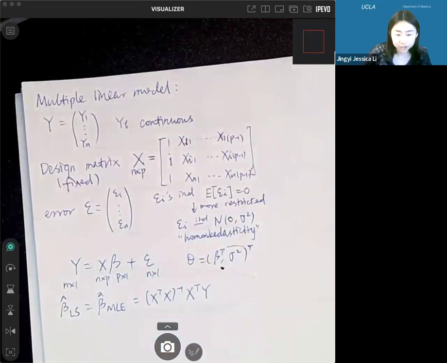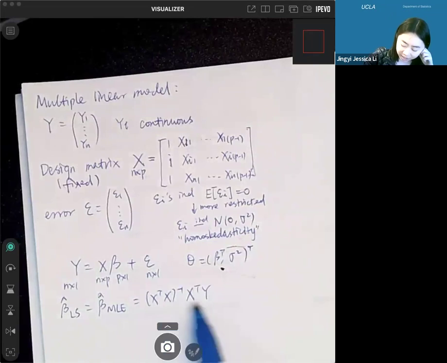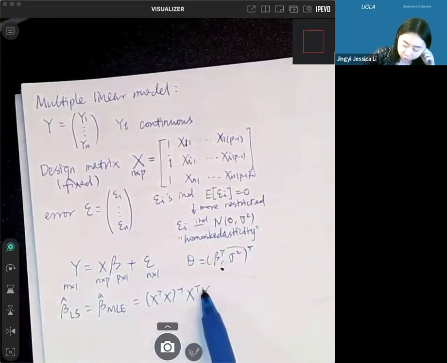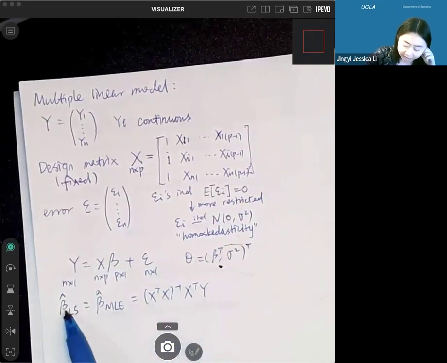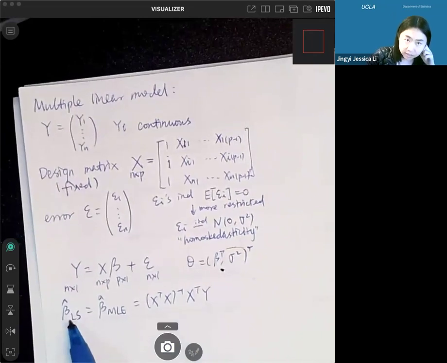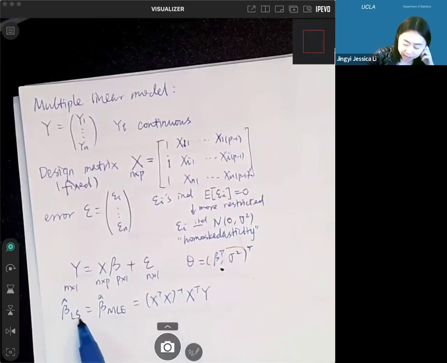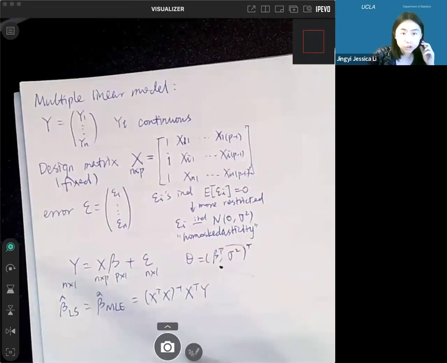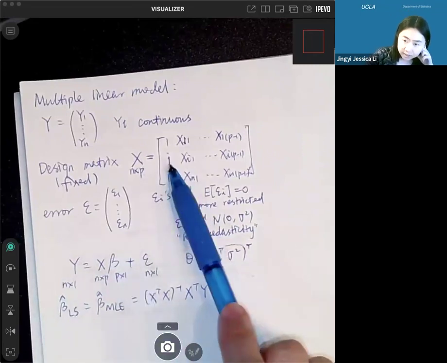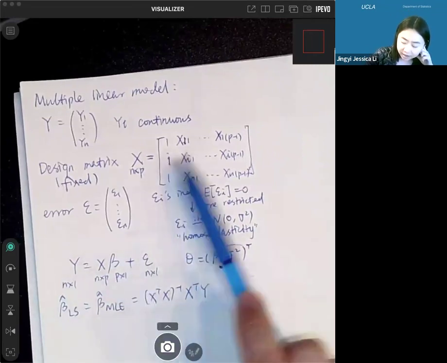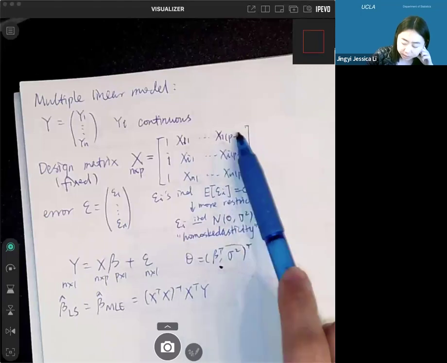So this is just what we estimate, right? And we said that it's a linear combination of Y1 to Yn for each element of the beta estimate. Because beta LS and beta MLE are both p-dimensional, containing our estimates for the p parameters. First one is our estimated intercept, then the coefficients of the predictors.